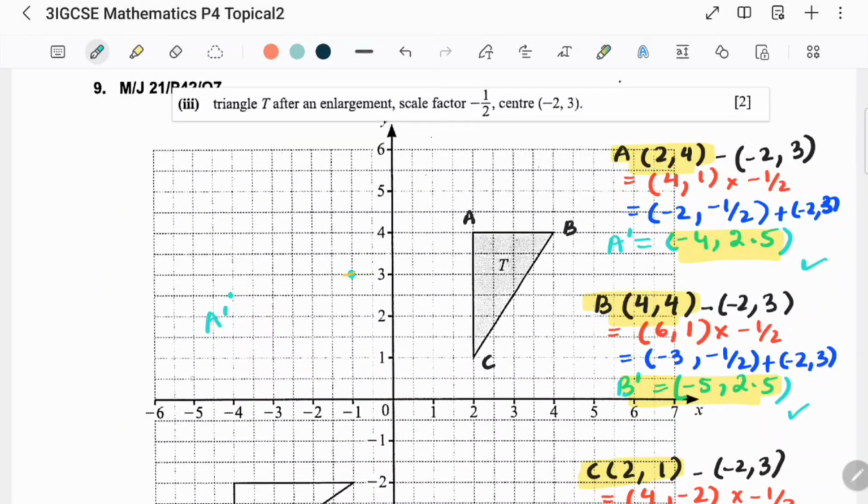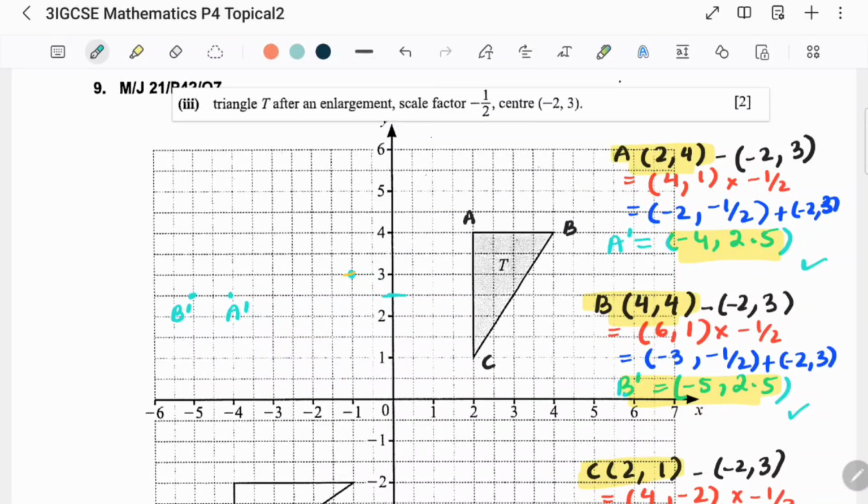Minus 5 and 2.5 is coming here. Remember, your diagram will become smaller. It will become half, because your half is the scale factor. So this is B prime. A prime and B prime.